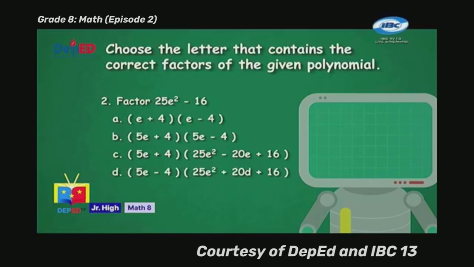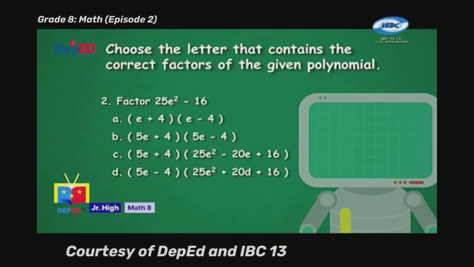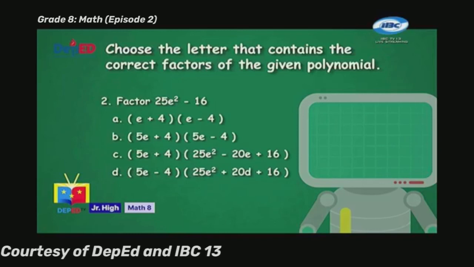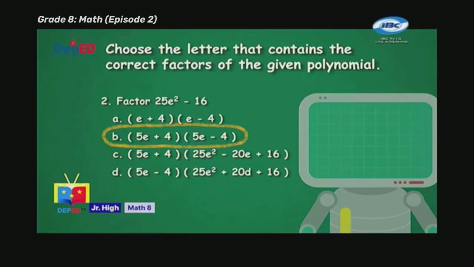Or D, 5e minus 4 times the trinomial 25e squared plus 20e plus 16. The correct answer is B, 5e plus 4 multiplied by the quantity 5e minus 4.